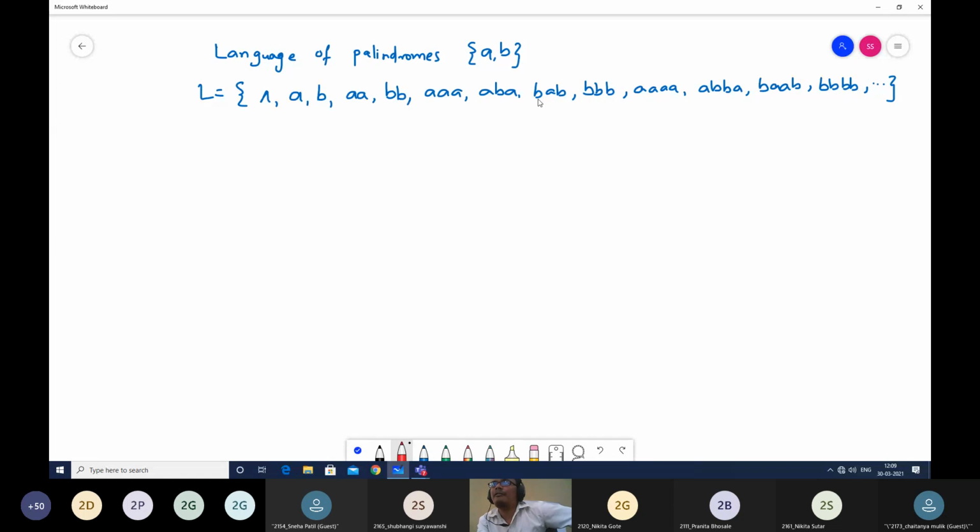Or say for example, I have B. Then for every B, I have a B matching. In the earlier example, A raised to N, B raised to N, for every A, I was having a B matching. But here, for every A, I have an A matching, or for every B, I have a B matching.